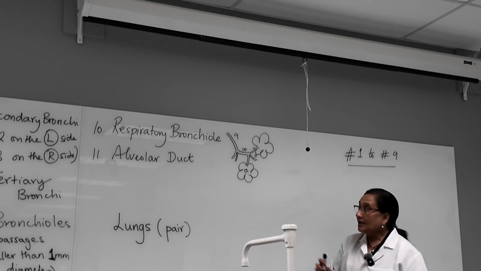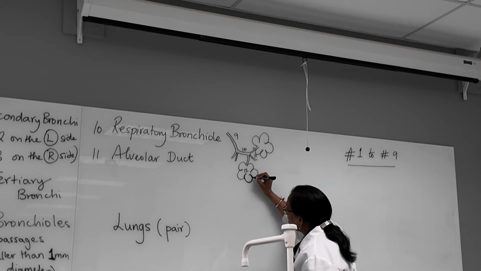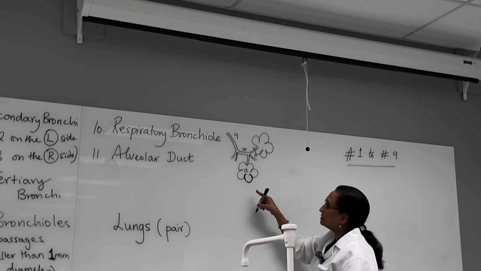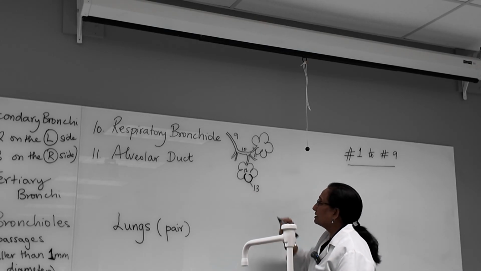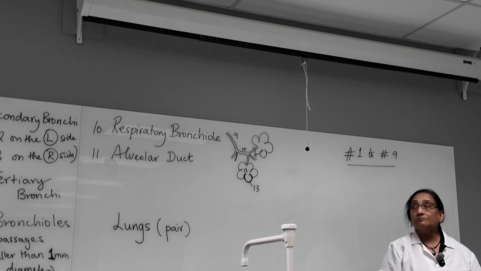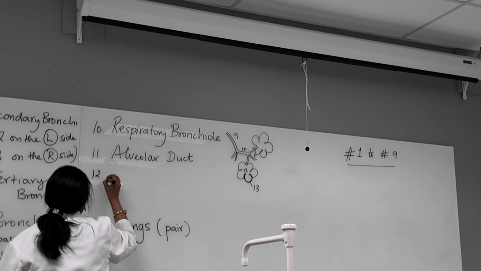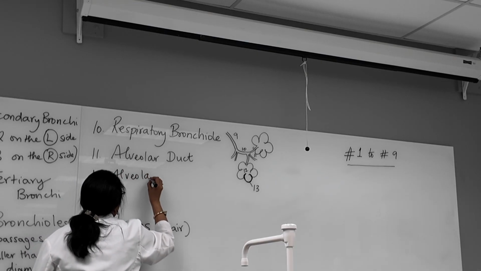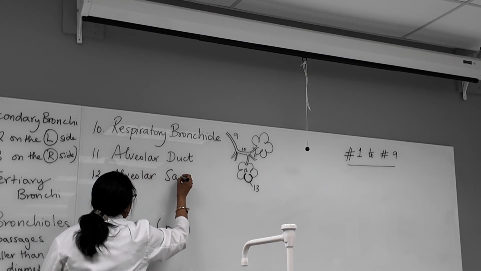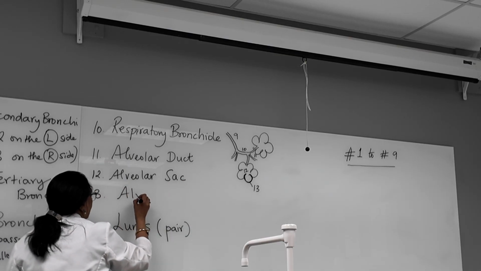And each individual grape cluster, each individual sac that you see, 13. Okay. So number 12 is called alveolar sac. And number 13 is called alveolus.